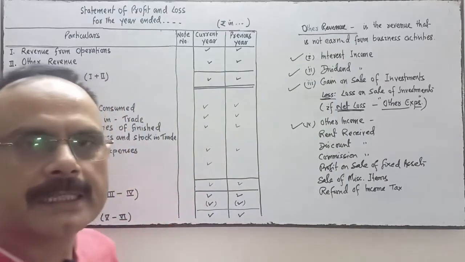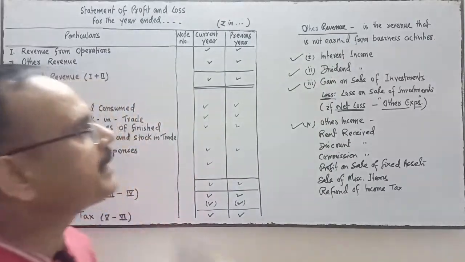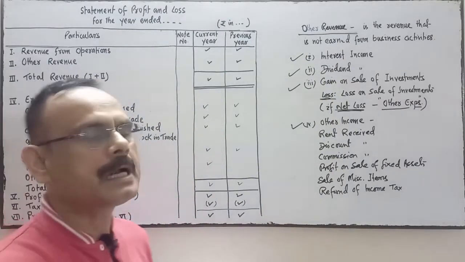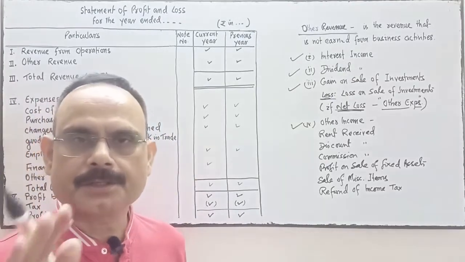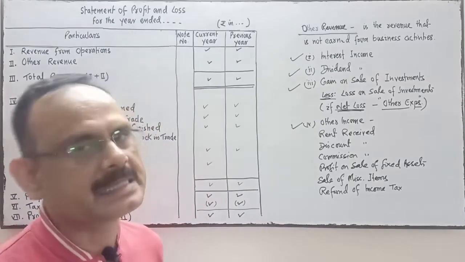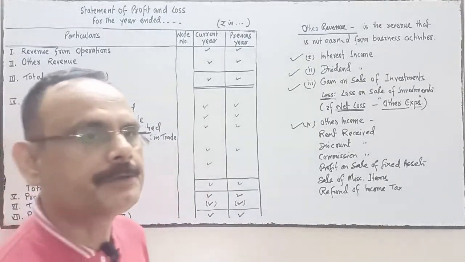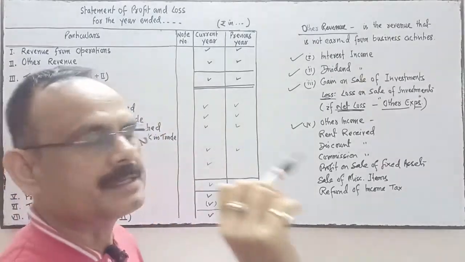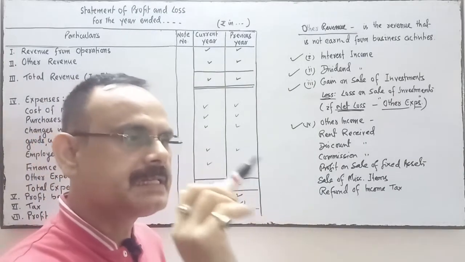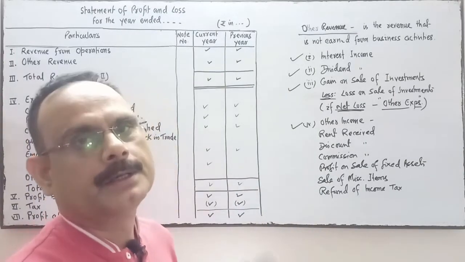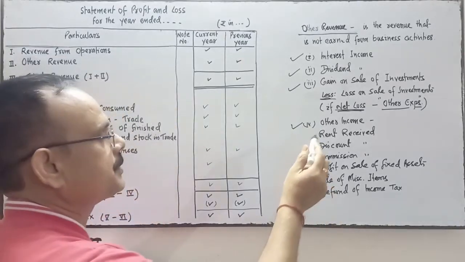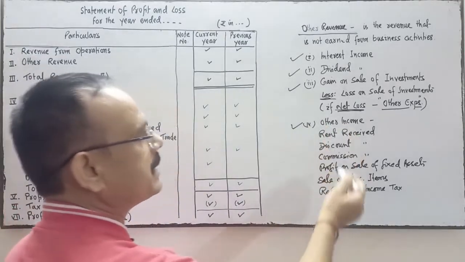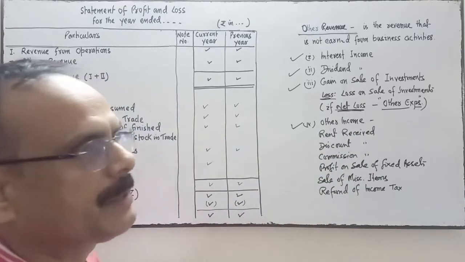So what is other revenue? Other revenue is that revenue which is not earned from the business activities. Revenue means interest income, whether it is received or accrued, dividend income, commissions, rent, discount, gain on sale of investment.